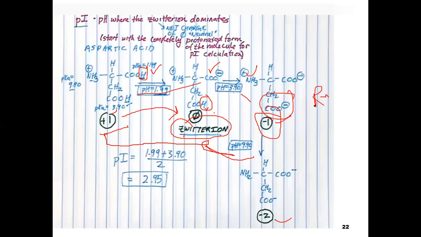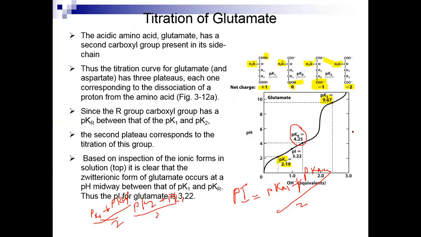and this pKa is for the carboxyl group of the alkyl group R chain. So the zwitterions are being formed after the deprotonation of the carboxyl group and the carboxyl group of the alkyl group. So the pI must be equal to pK1 plus pKr divided by 2. You can see we need to look where the net charge is zero.